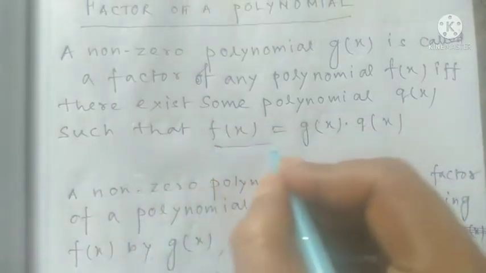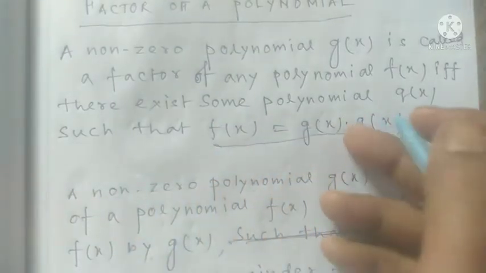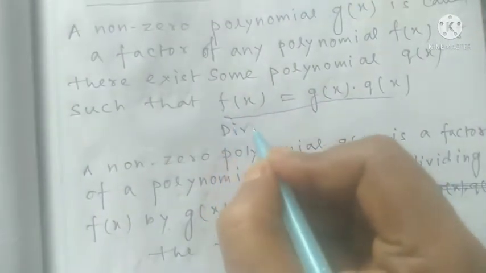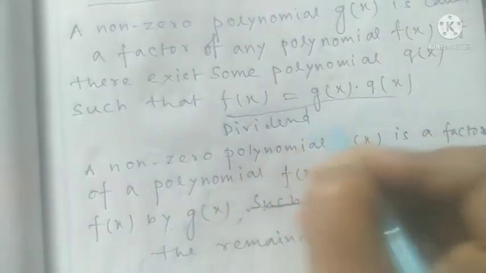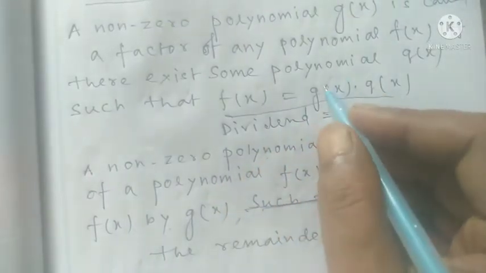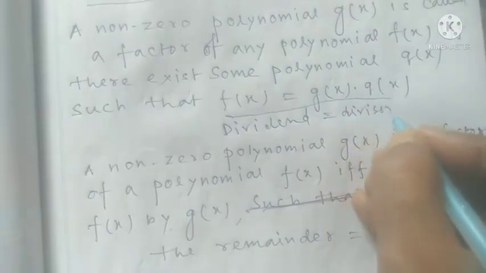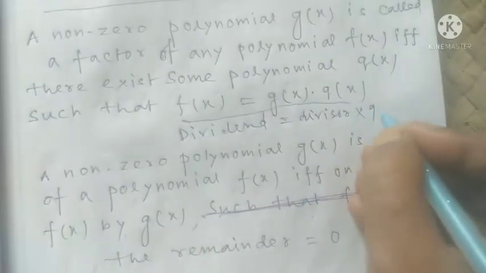It is universal truth, because when the remainder is zero, we can write dividend is equal to divisor into quotient.